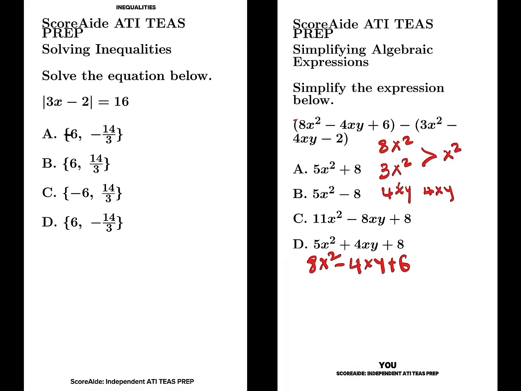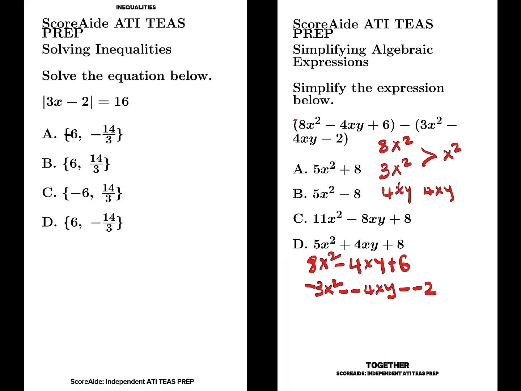Now, when you open the first bracket by multiplying all the terms in the bracket with a negative sign, we are going to have negative 3x squared, minus 4xy, minus 2, because the negative outside the bracket multiplies each term in the parentheses, right?